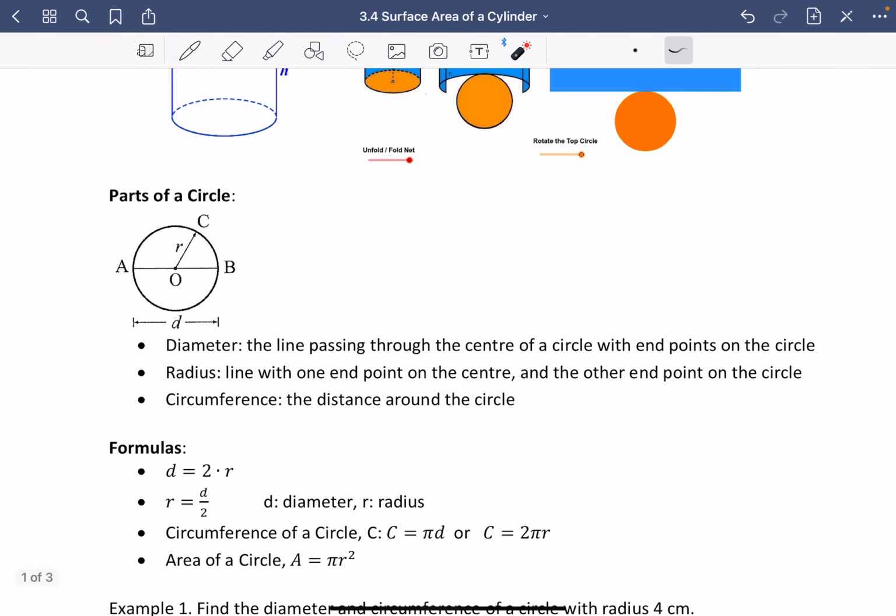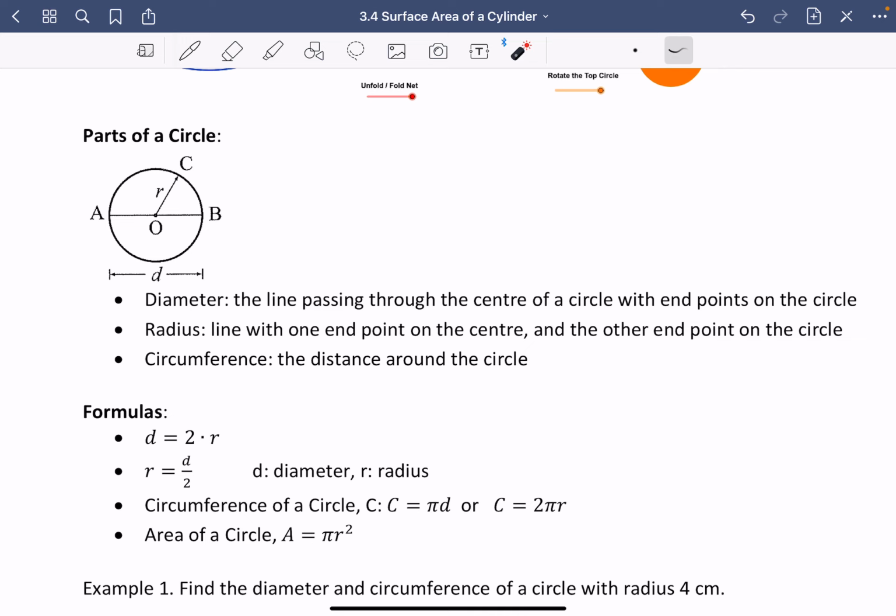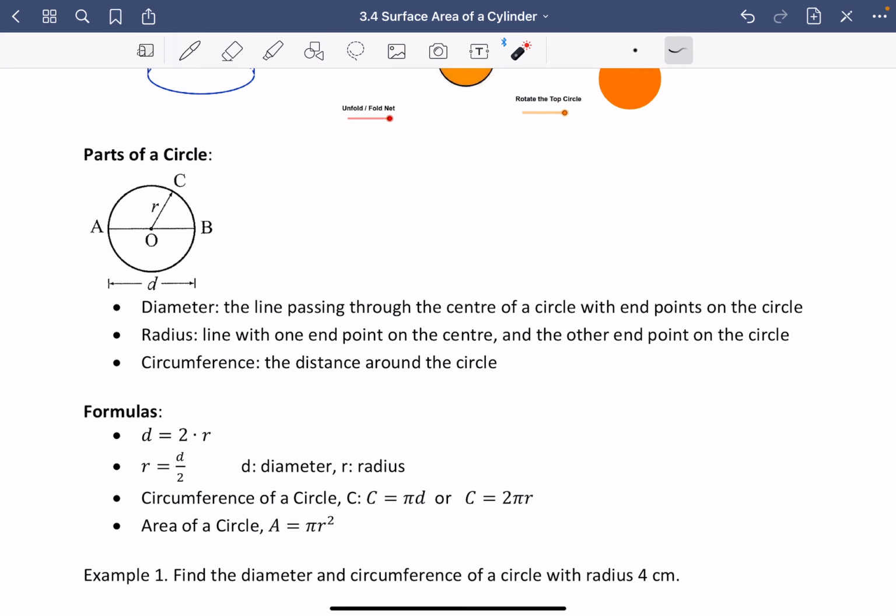so now let's take a look at circles. When you have a circle, the center here is what's so-called the center. The center is right in the middle of your circle. Now there are 3 definitions: diameter, radius, and circumference.